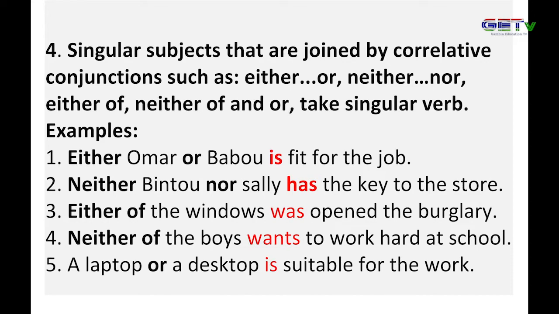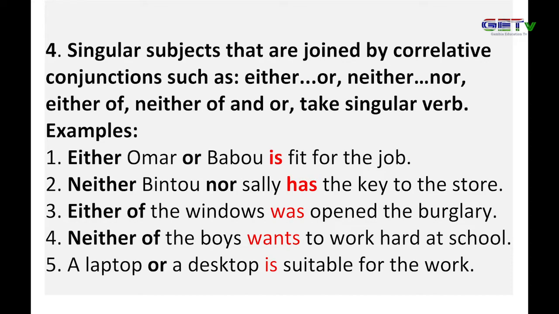Example 2, neither Bintu nor Sally has the key to the store. You cannot say neither Bintu nor Sally have the key, because neither nor is a correlative conjunction. When correlative conjunction joins two subjects, it takes singular verb.